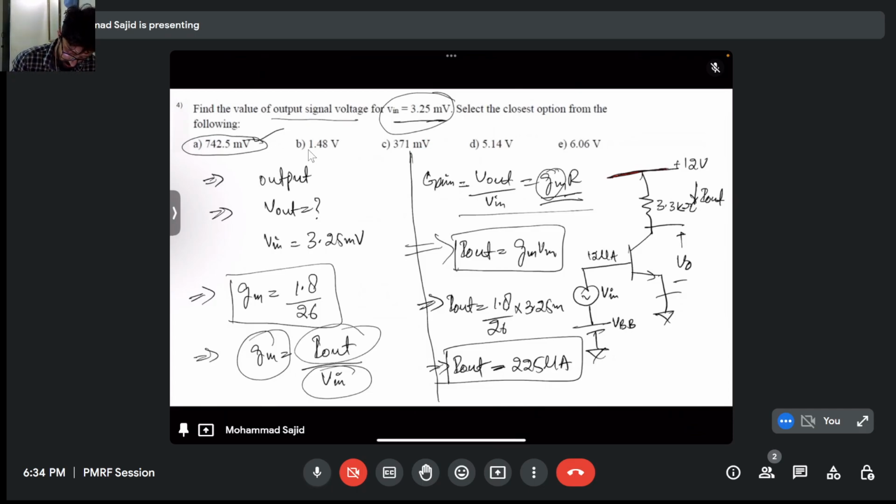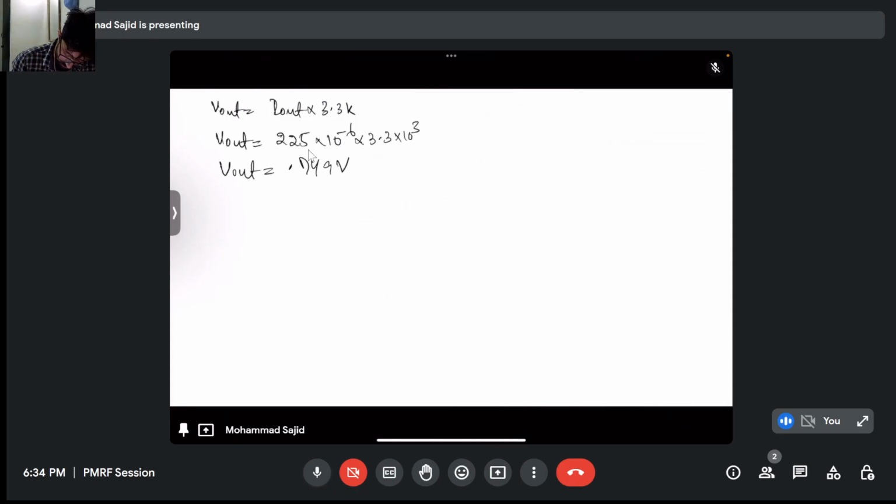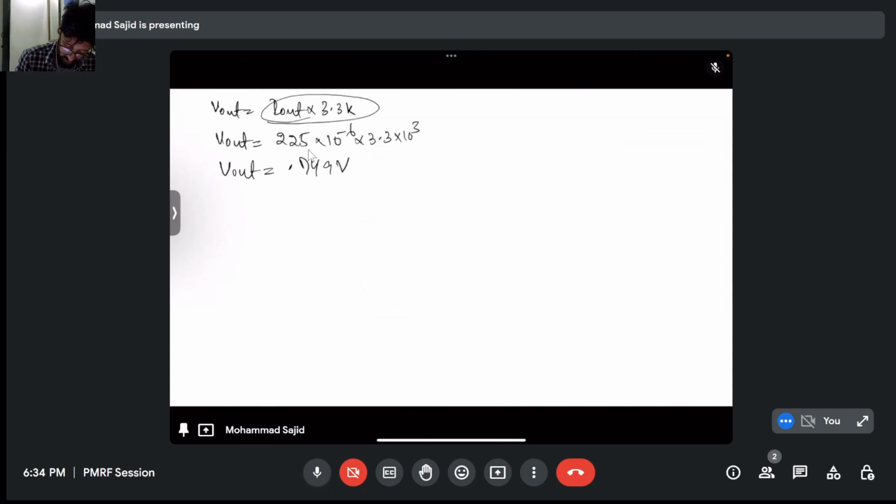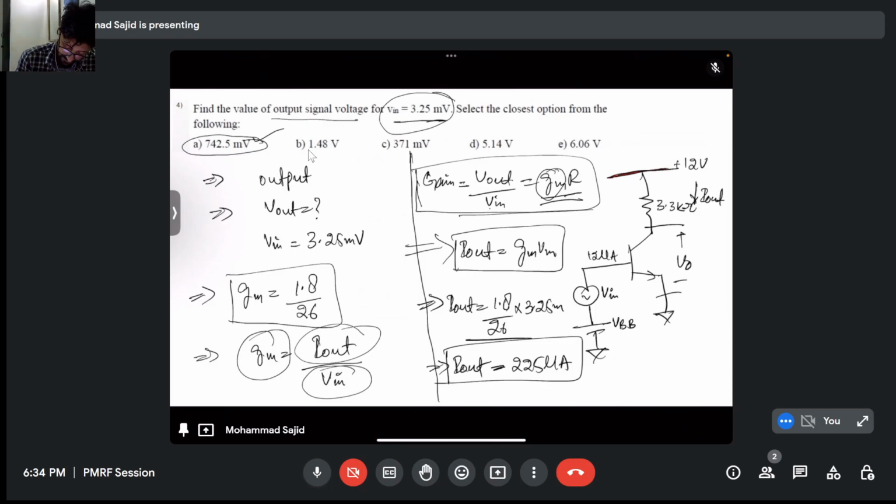So this one is the current we used, right here. Okay. So can we just now go to this formula? Ultimately, we use this formula, right? We used here V output as I output into R, right?